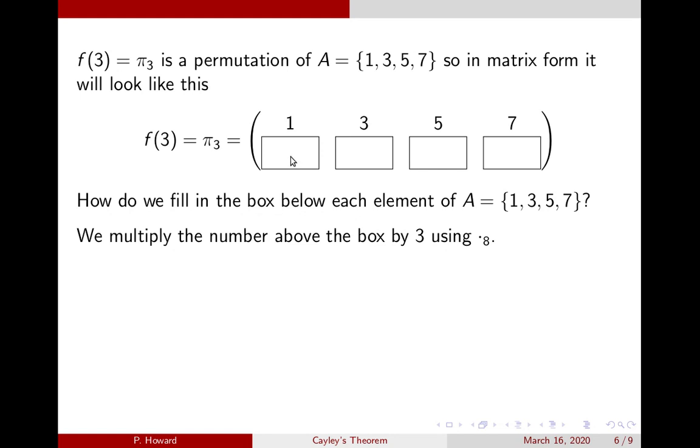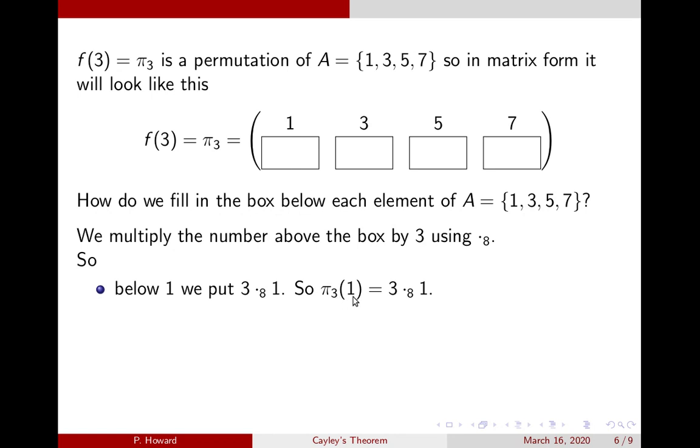So in the box below the 1, we'll put 3 times sub 8, 1. Below 3, 3 times sub 8, 3. Below 5, 3 times sub 8, 5. And below 7, 3 times sub 8, 7. Here's a repeat of what I just said.